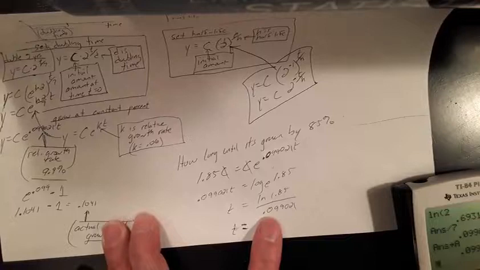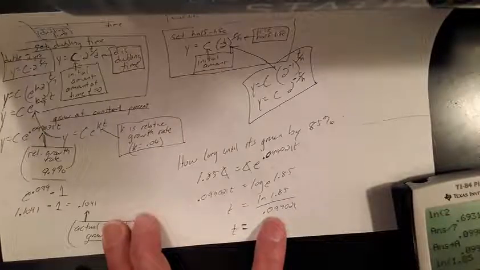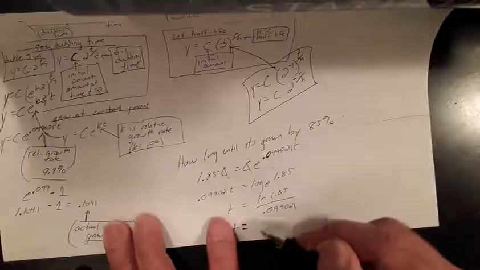So now when I'm down here, I'm going to do the ln of 1.85. And when I divide by 0.099, I'm recalling out of my calculator all those decimal places of accuracy. And we get 6.21.